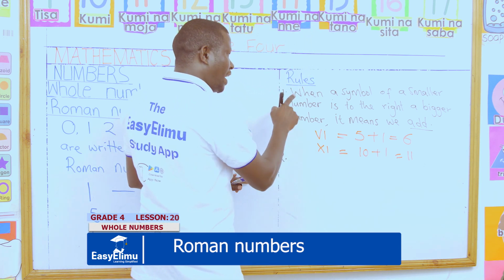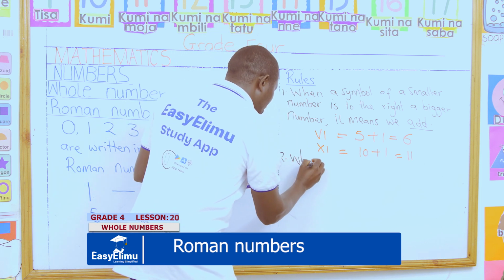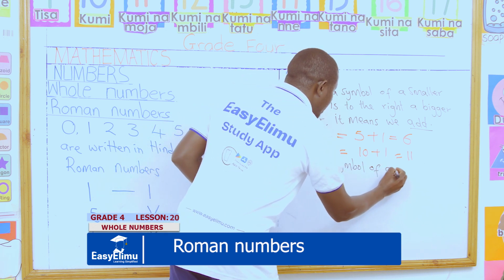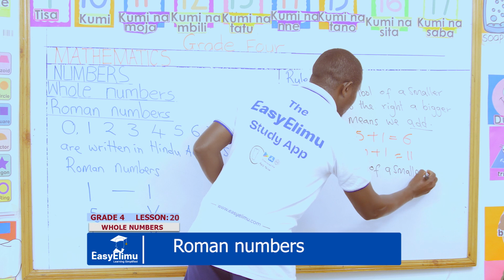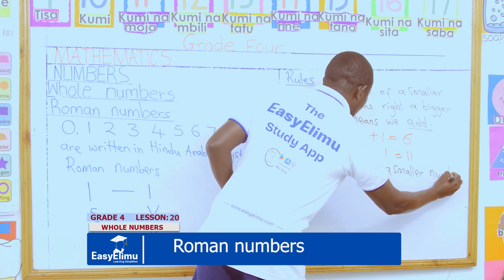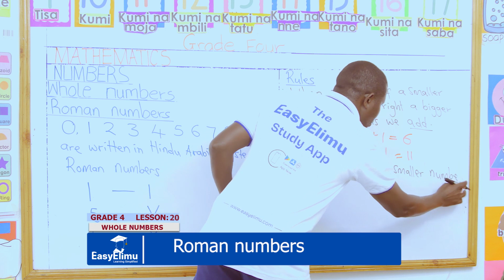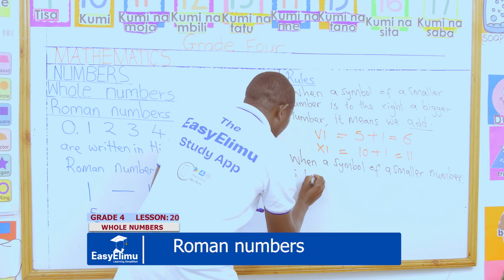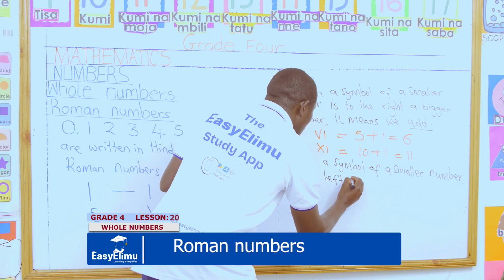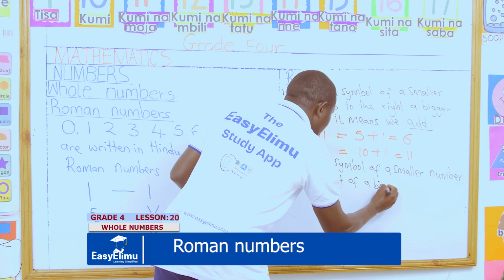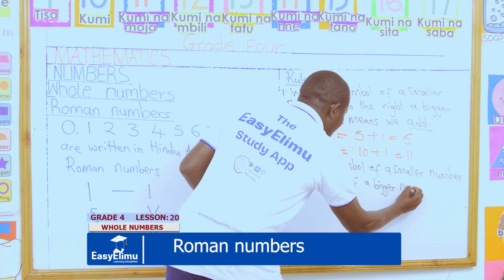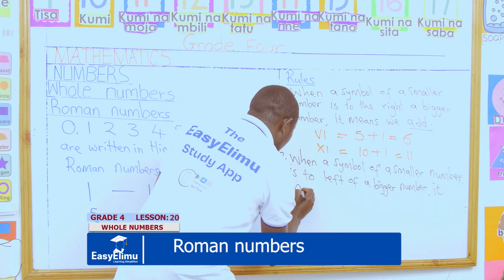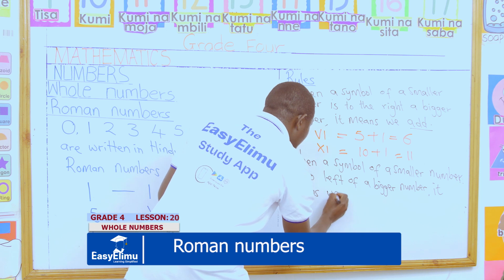Rule number 2: when a symbol of a smaller number is to the left of a bigger number, it means we subtract.